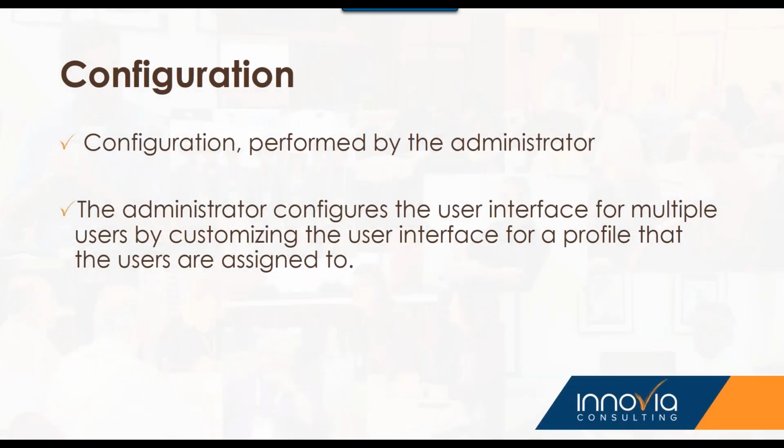So with the configuration, again, this is being performed by the administrator, and the administrator would do this using a configuration mode that I'll show you a little bit later in our talk, but they would use that for an entire department or area. Now, this could be a department head, this could be a NAV administrator. My suggestion in a company that's a pretty decent size is to have an admin, sub-admin in each department.